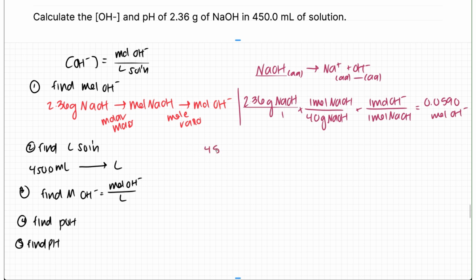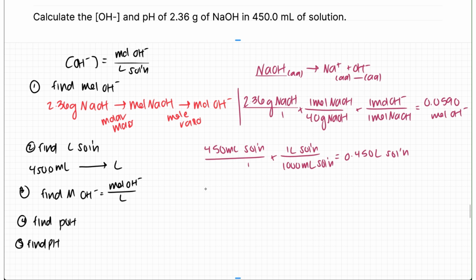In a separate calculation, we'll have the 450 milliliters of solution, and we'll turn this into liters of solution by using the prefix milli, and that there will be 1,000 milliliters in every 1 liter. And now we have the moles of OH- and liters of solution separately.